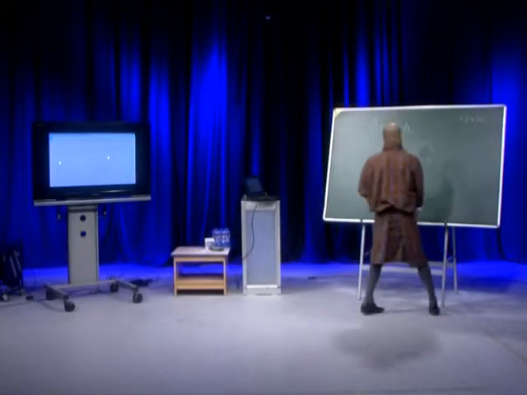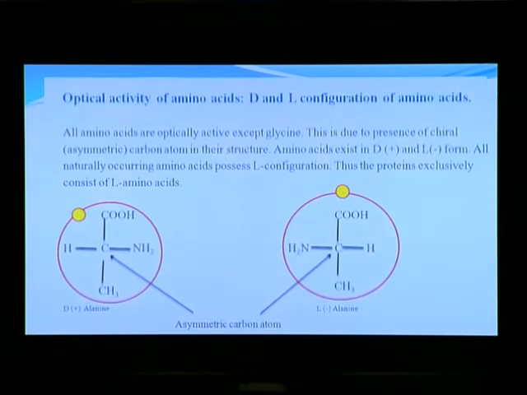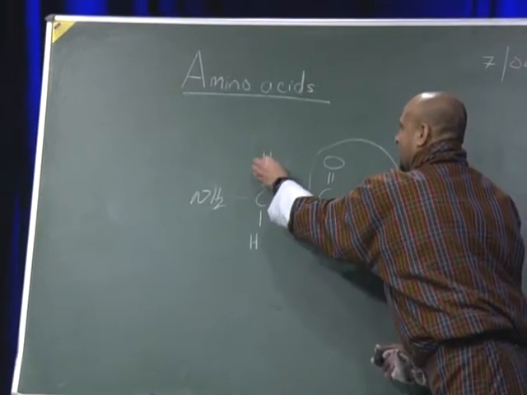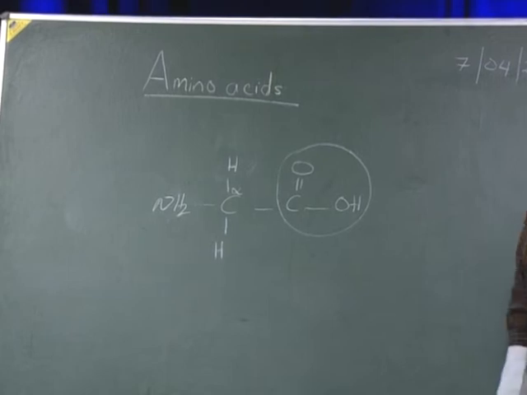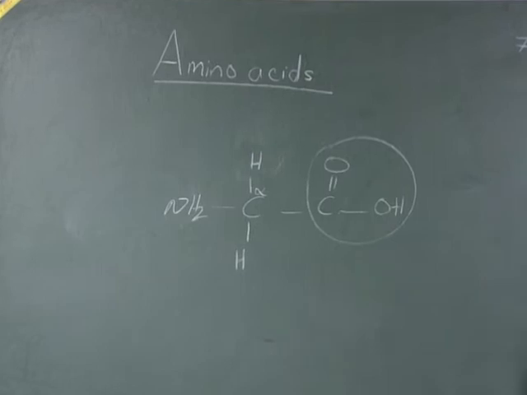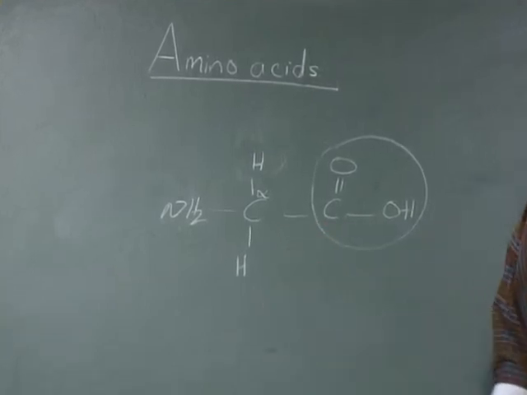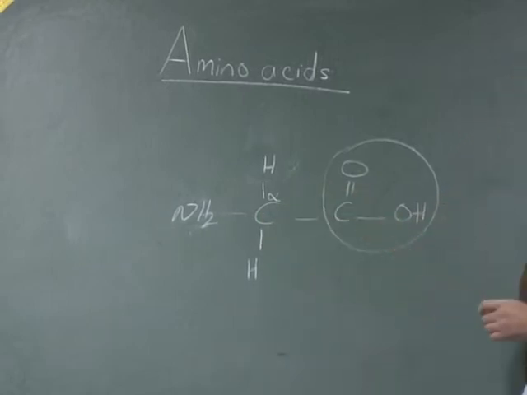Now let me explain with the help of this structure. If it is glycine, then what happens here? You can see in glycine, both hydrogen atoms are attached to the carbon. Therefore, there is a plane of symmetry. This carbon is not chiral. This carbon is not an asymmetric carbon.